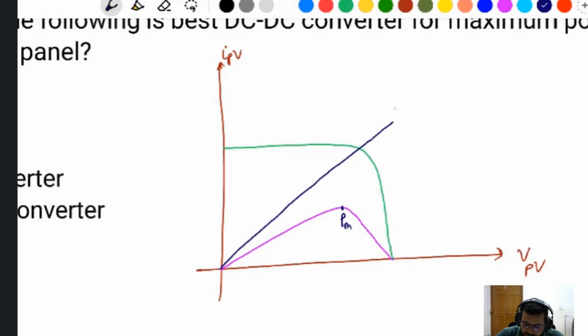This one is the load line, 1 by R. If you take RT as the terminal resistance of the solar panel, then 1 by RT is the load line of the PV panel, the PV system.